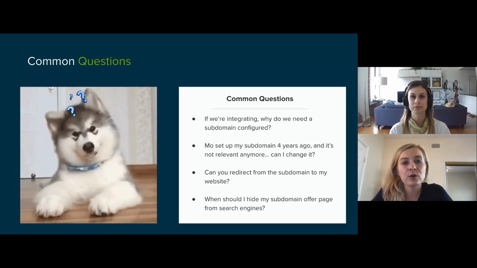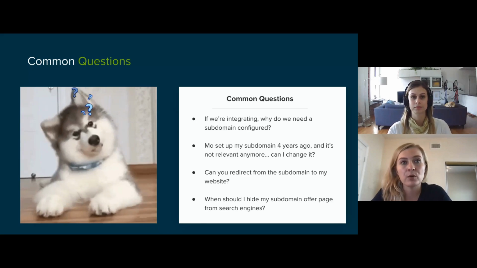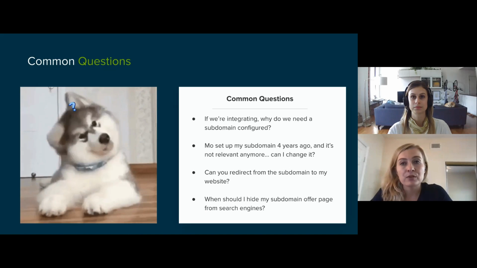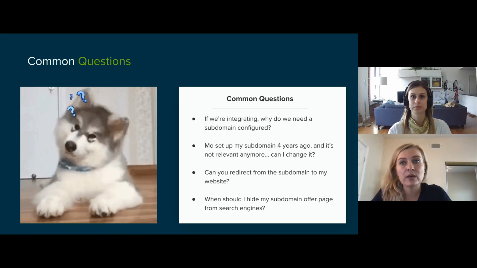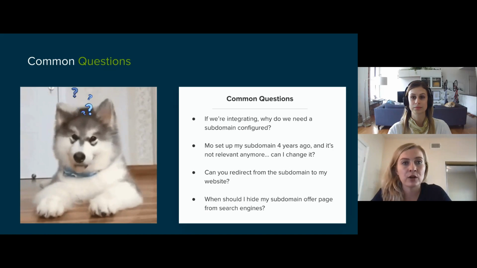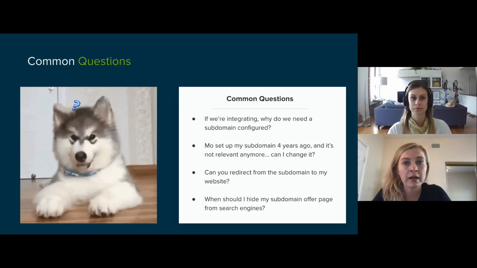The reason for the subdomain being configured is because we are a mobile optimized website, not a native app. So all of the passes that we have live on a URL in your browser on your mobile phone. I'm an Apple phone user, so everything is in Safari.